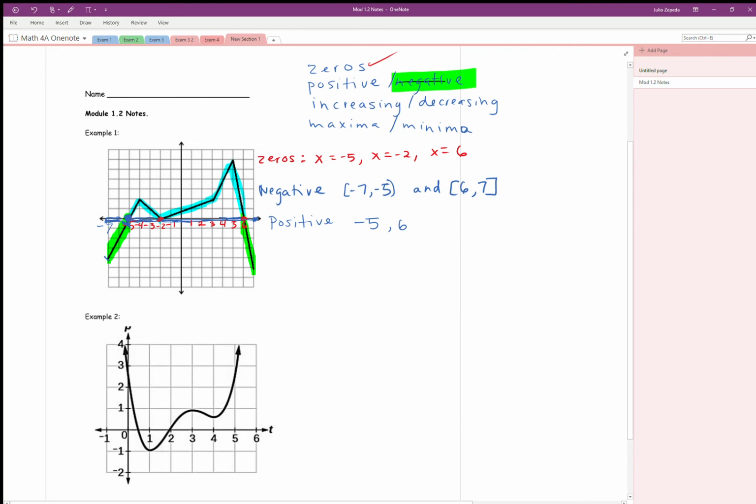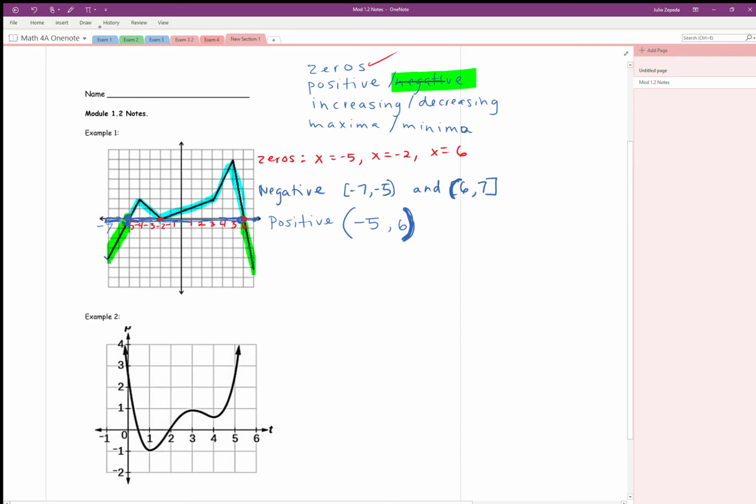So I don't want to include -5 in the portion where it's negative. And then same thing over here for 6. It's at 0 at 6, so it's not included in the negative portion. It's only negative after 6. Okay, so positive is positive after -5, and everything before until it gets to 6. Okay, but then once it hits 6, it's going to be equal to 0, so I'm going to put parentheses so that I'm not including 6 as one of the places where it's positive.